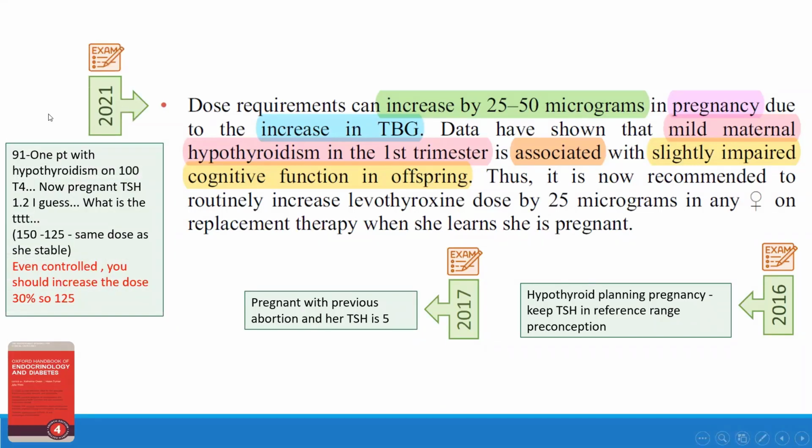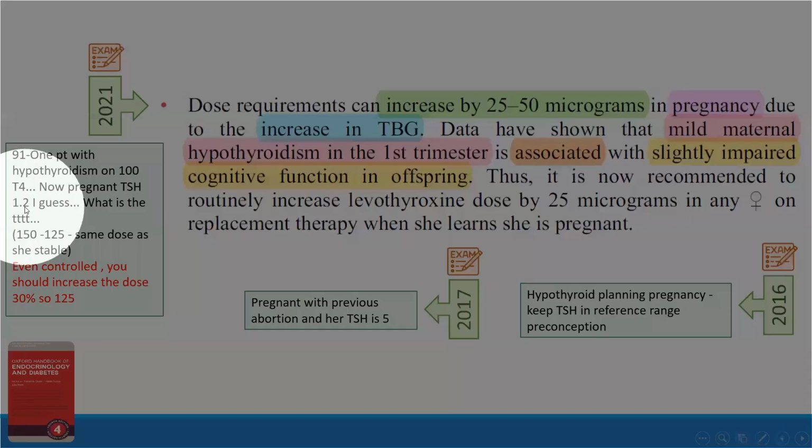And in 21 exams, they gave a question: a patient with hypothyroidism on 100 microgram levothyroxine, now pregnant, and the TSH is normal, 1.2. What is the treatment? Actually, even if controlled, you should increase the dose by 30% or 25%. So in this situation, we should increase the dosage by 25%, even if the TSH is normal.